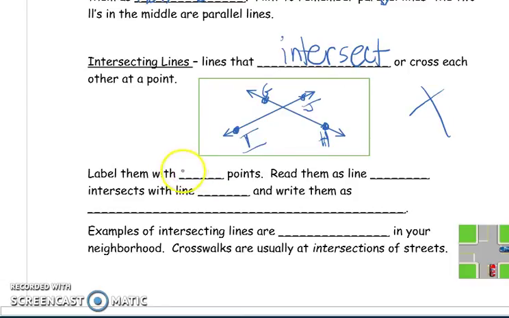So they would be labeled with 2 points each, and then we'd read them as line GH intersects with line IJ. The reason that I don't need to put the little arrow above the GH or above the IJ is because I have the word to represent what I mean. But if I didn't use the word line, I needed to write them as this.